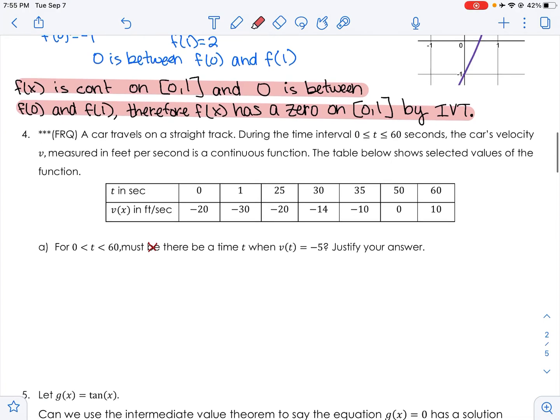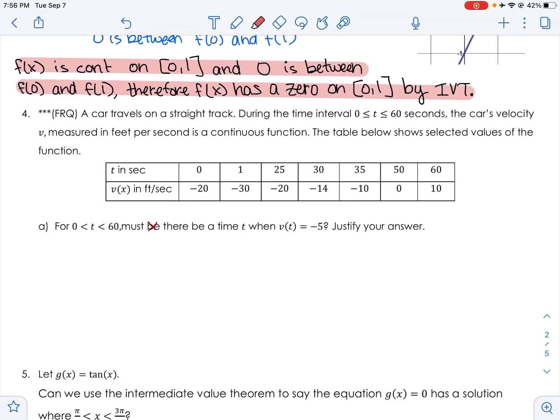Looking at the next one, number 4, this is a previous AP free response question. A car travels on a straight track. During the time interval 0 is less than or equal to t is less than or equal to 60 seconds, the car's velocity v, measured in feet per second, is a continuous function.